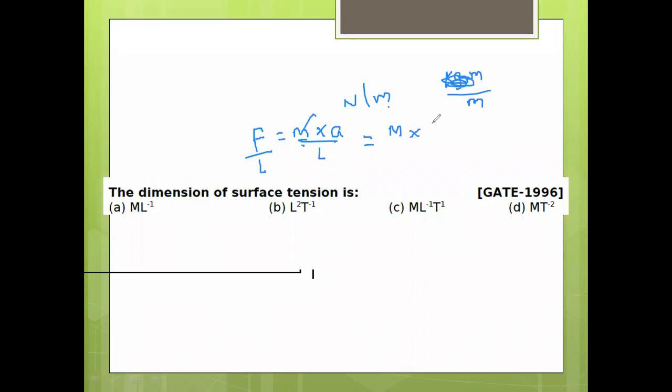Acceleration has the unit L per t square, and this L as it is. The L will get cancelled, and you will get the unit as m upon t square, or you can write m into t to the power minus 2, right? So option D is the correct answer here.